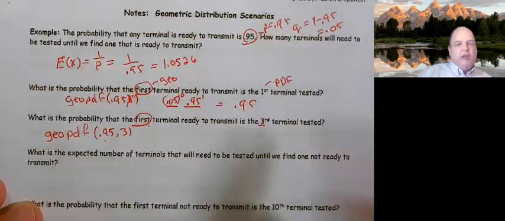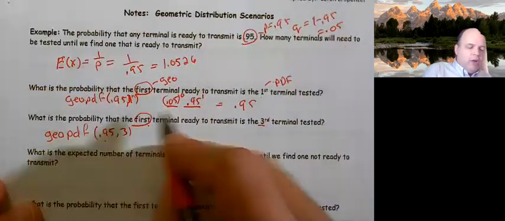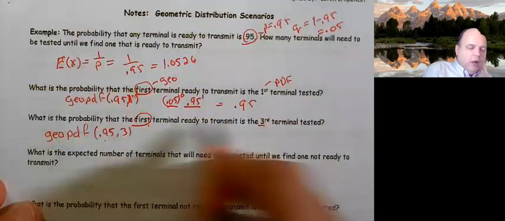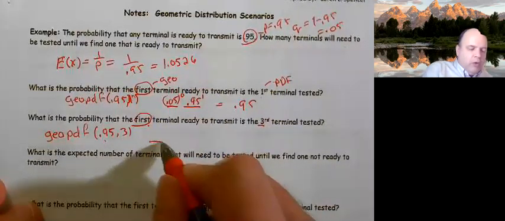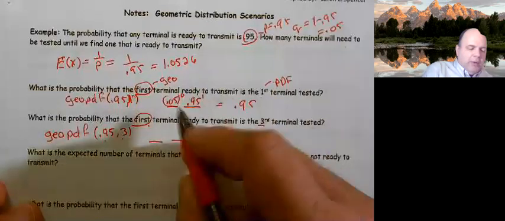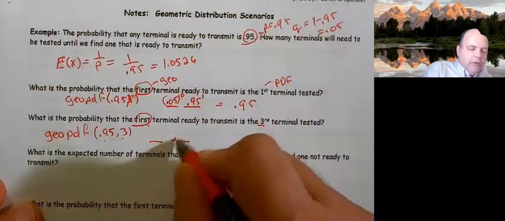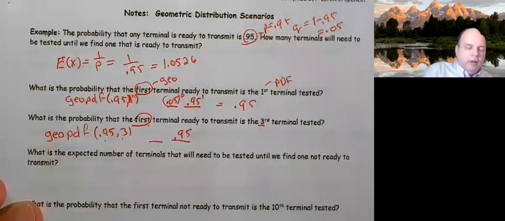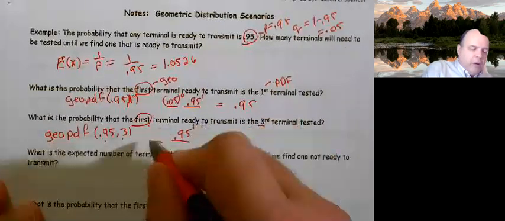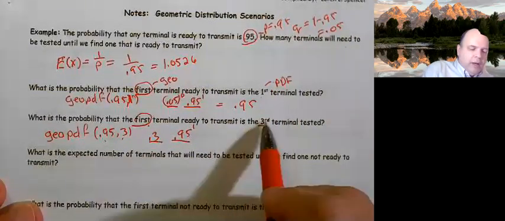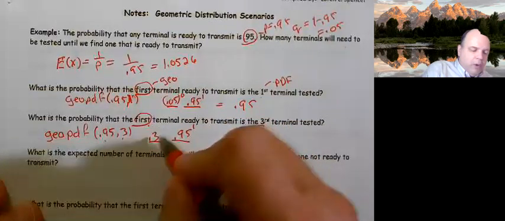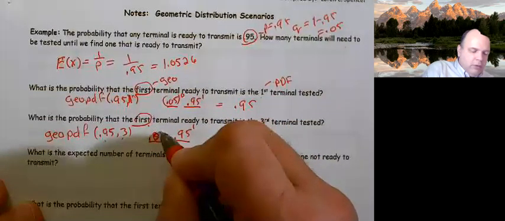But that gets no credit. In order to get credit, you're going to have to go ahead and show me the work, which in this case, we're going with 2 blanks, and the probability of success is 0.95, and this is to the first power, and then we have 0.05.